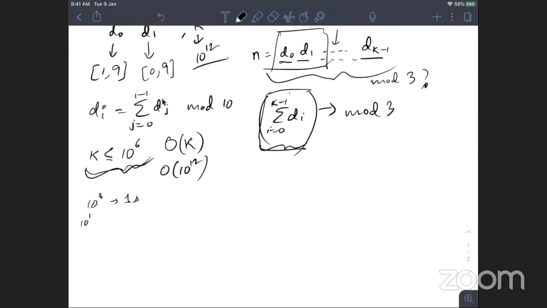How many seconds will it take to do 10 to the power 12 operations? 10,000 seconds, which is roughly 10,000 by 60 minutes, so 200-ish minutes, roughly 3 hours. So for k as big as 10 to the 12, this will take roughly 3 hours. You can't do that, since the judge only gives you 1 or 3 seconds at most.